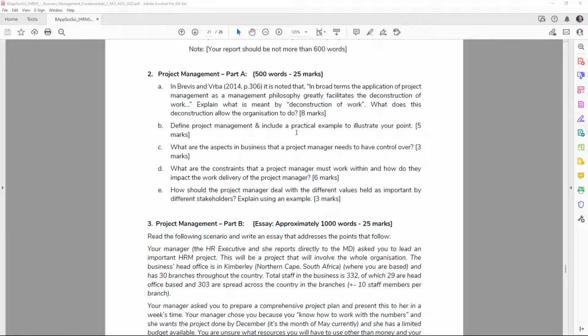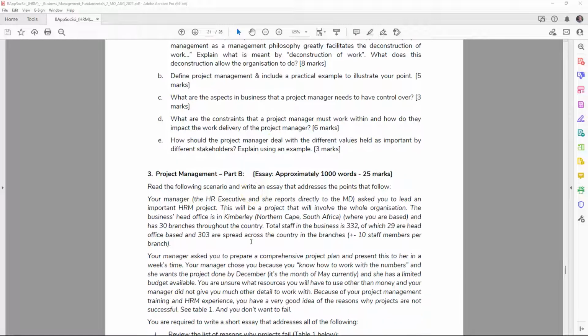Because communication and interaction with the stakeholders, the various stakeholders that are attached to the project, is one of the key tasks of a project manager, to make sure that communication and managing of those stakeholders takes place to facilitate successful completion of the project. So those are the 5 sub-questions.